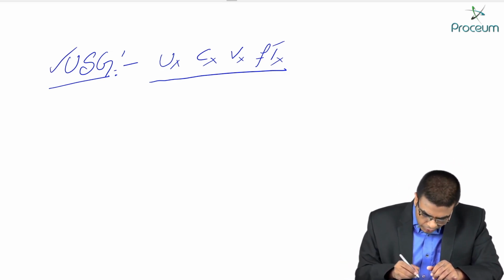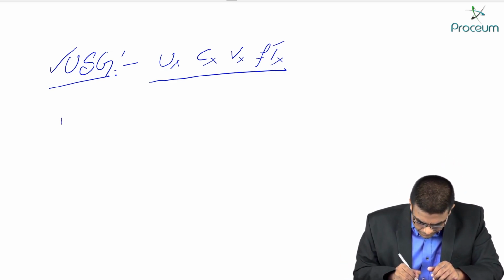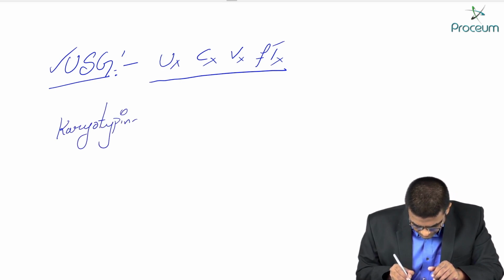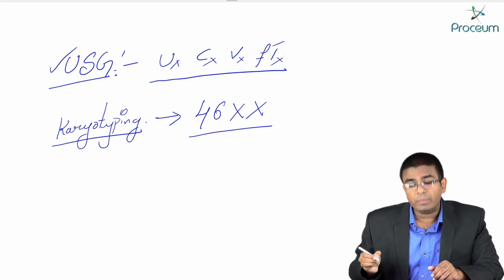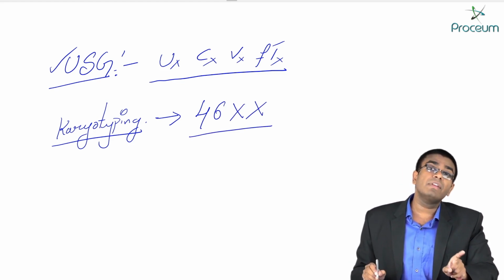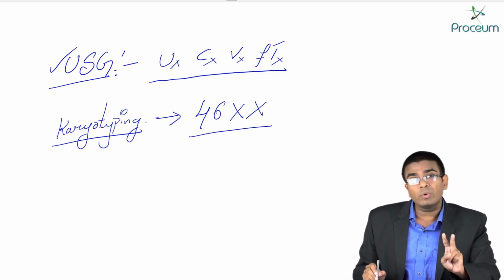Or if I do karyotyping, in the karyotyping what I will see is 46XX. So definitely from here also I can say that this is a female baby, not a male baby, because she has two X chromosomes.